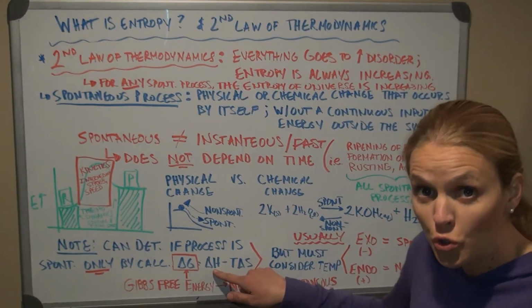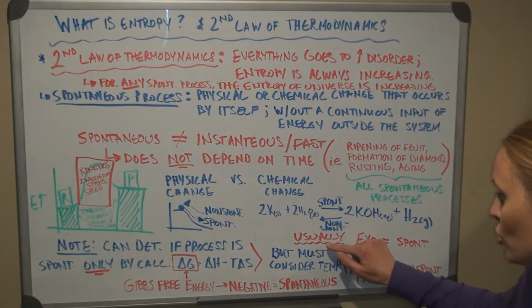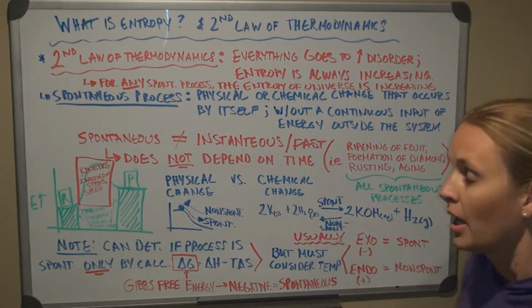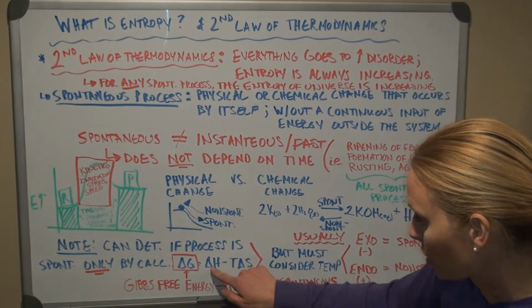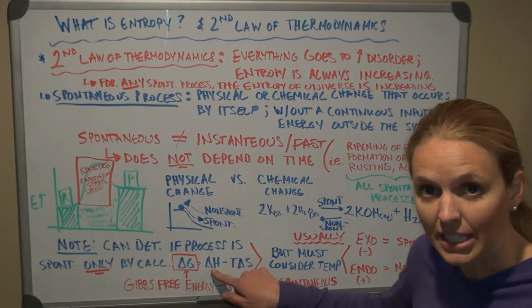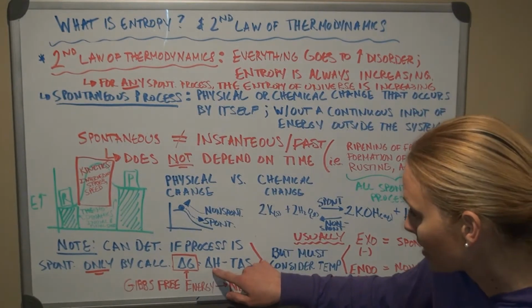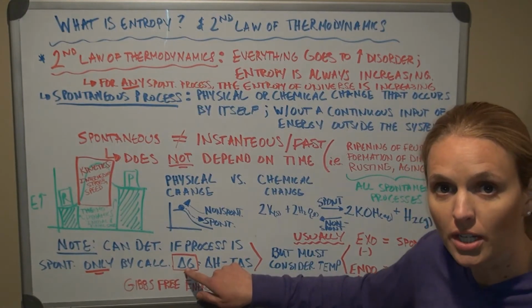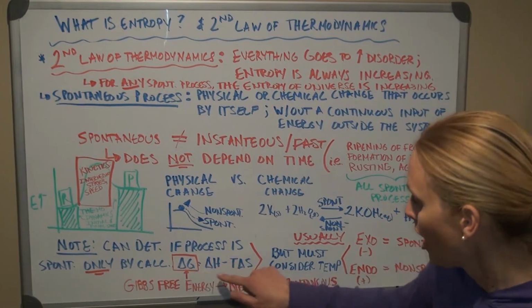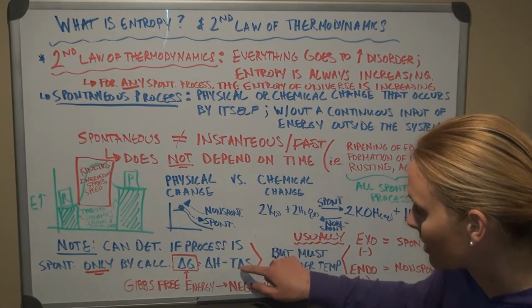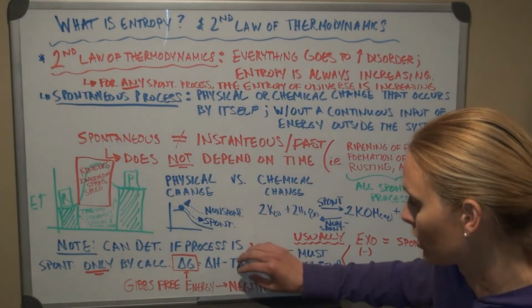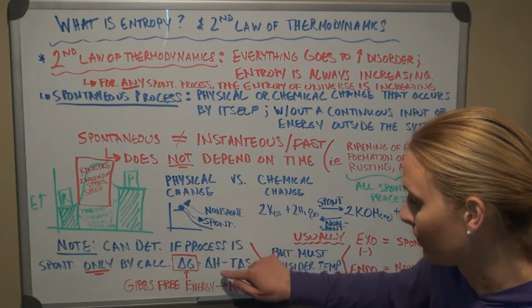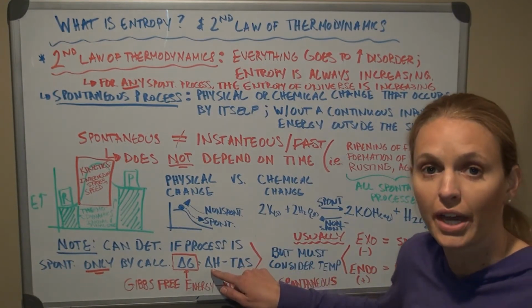All right, so if I know some information about a process, if I know its enthalpy, usually in red right here, okay, if I know a process is exothermic, so exothermic is negative, release of heat, right? Negative and negative delta G, oh, that might be spontaneous, right? But we do have this term over here, minus T delta S, okay? This is usually small, so it's not going to affect the value of the enthalpy.